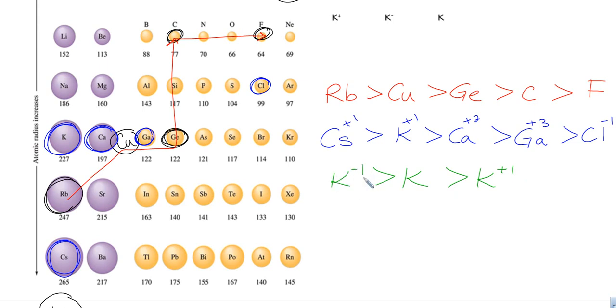In this case that's kind of weird and unstable, but it would cause more repulsion. I'd have to put another electron in that s orbital, and those two electrons would repel, causing a potassium -1 ion to be a little bit larger. So generally, look at what you've got, find them on the periodic table, and know the extremes.